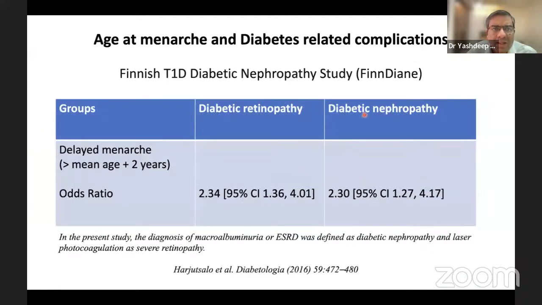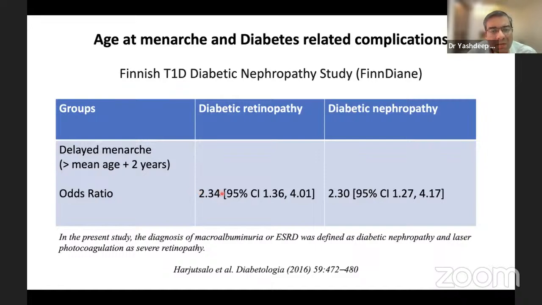So we discussed that there is an impact of hyperglycemia and an impact of duration of diabetes on the age at menarche. It's also crucial to understand the consequences if the menarche is late. This is a Finnish type 1 diabetes study called the FinnDiane study, which showed that if the menarche is delayed by more than 2 years, the rate of diabetic retinopathy is nearly 2.3 fold compared to those who have menarche within plus or minus 2 years of the mean age.